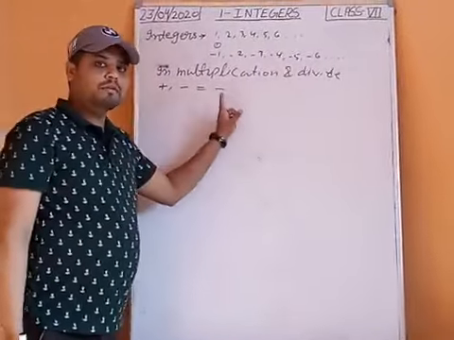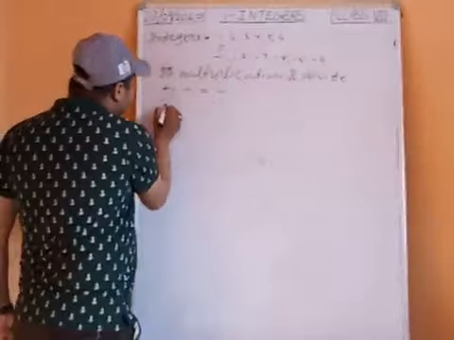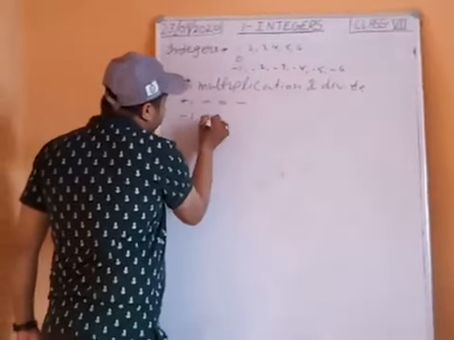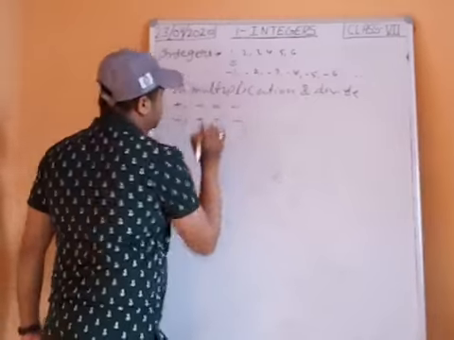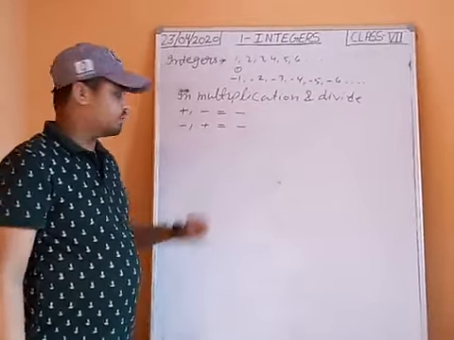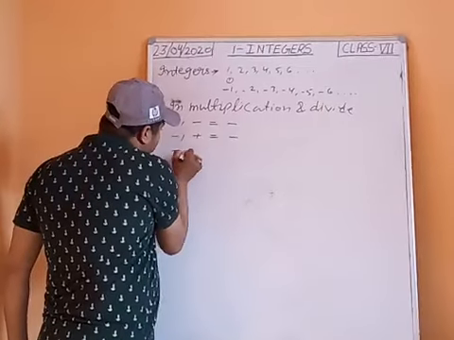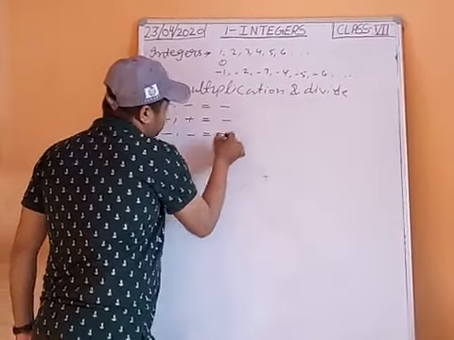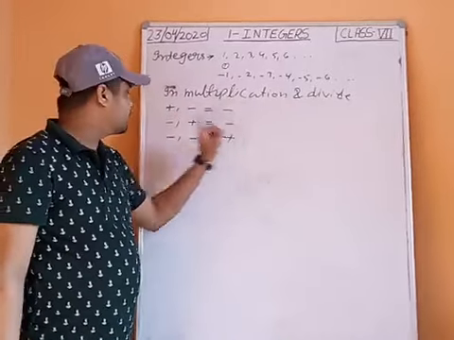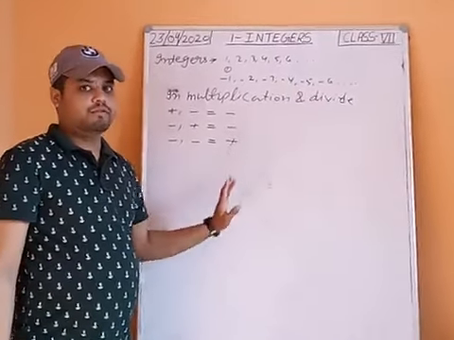Plus minus minus. Second, the first number is negative and the second is positive, so minus plus minus. And minus minus plus. Plus minus minus, minus plus minus, minus minus plus.